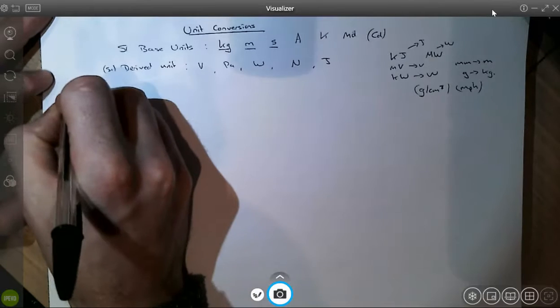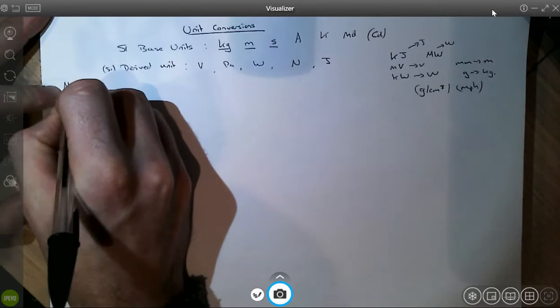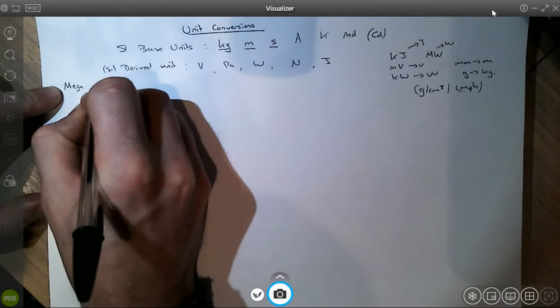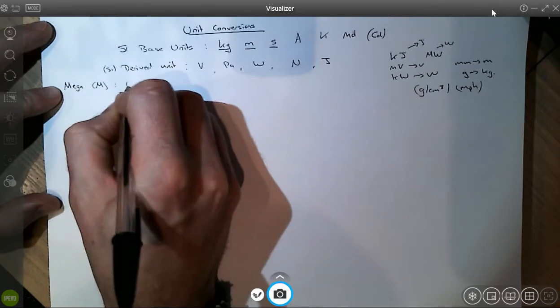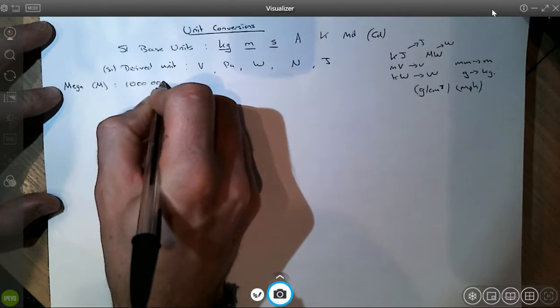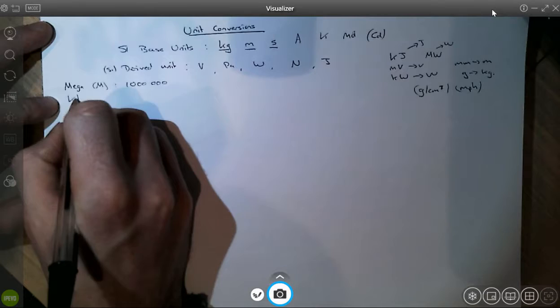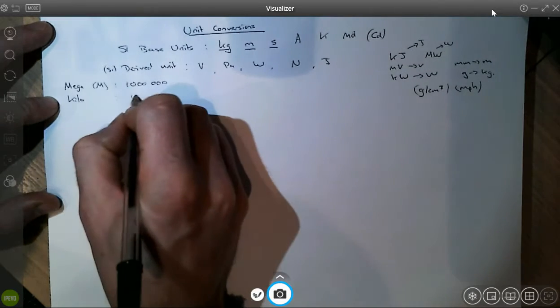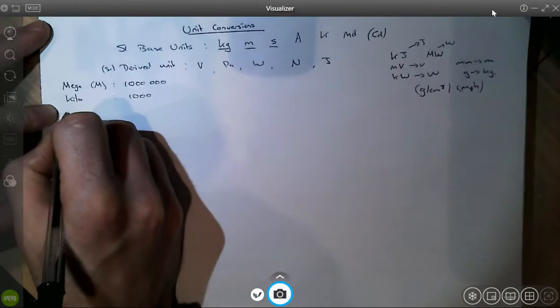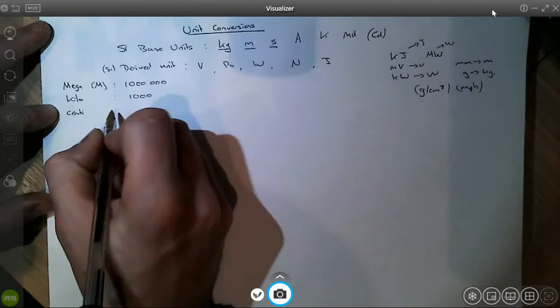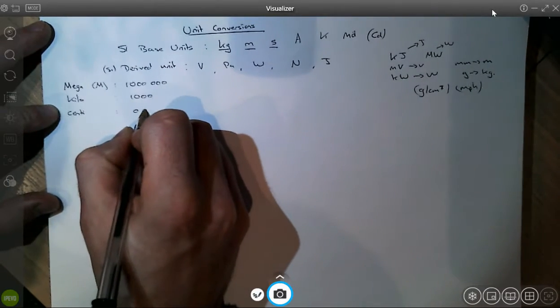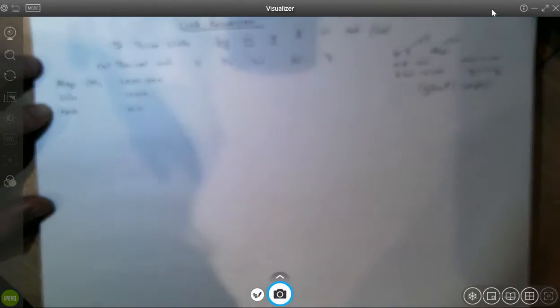So students need to know that mega has a symbol M, is a million of something. They need to learn kilo, which is 1,000, centi, which is 100th, as in centimeter.